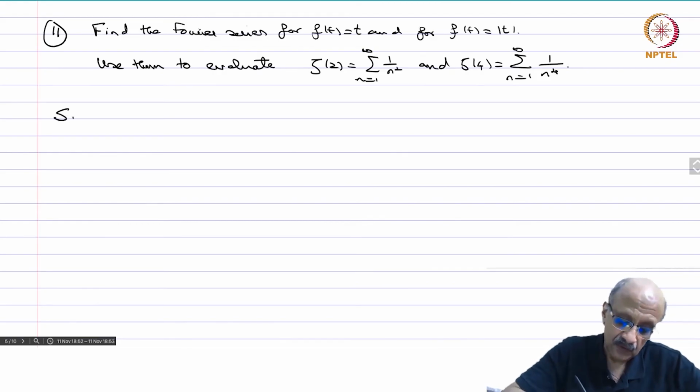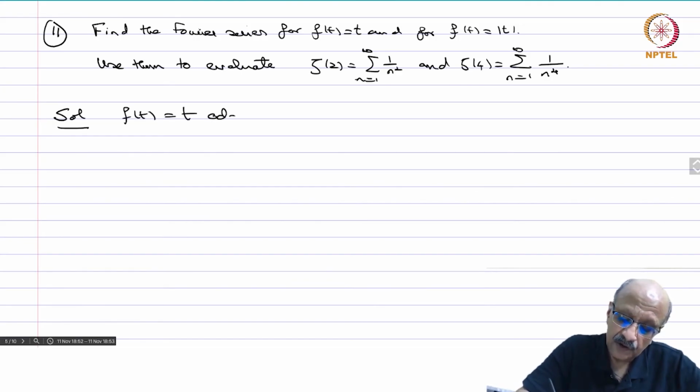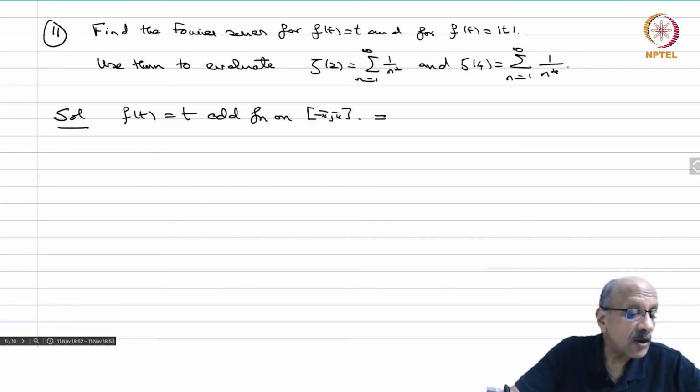Okay, so solution. f(t) equals t is an odd function on minus pi to pi. So this means that all the a_n's are 0.